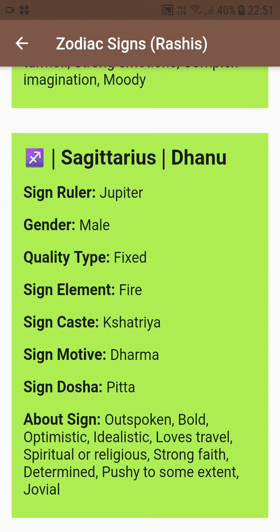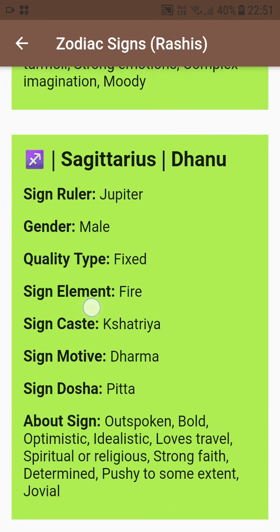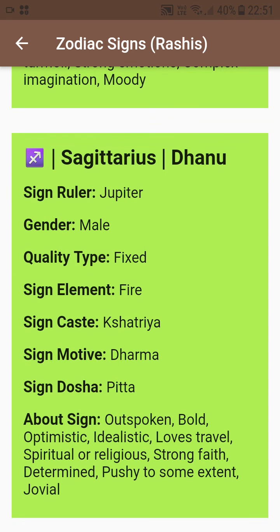Then it's a male sign, it's a fixed fiery sign, okay, Kshatriya by caste. So the element is fire, type is going to be fixed fire. Dharma Yukta, so he's going to be doing dharmic deeds.